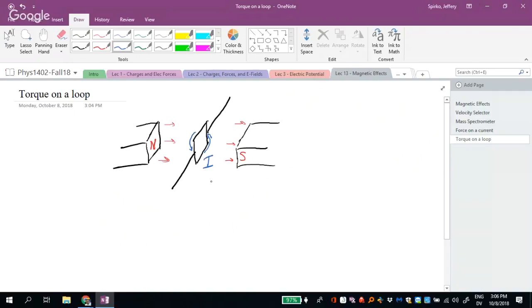And we're going to have some current go around in that loop. So the way this is drawn, there are 4 segments to the loop, and let's look at the magnetic force on each one of those.